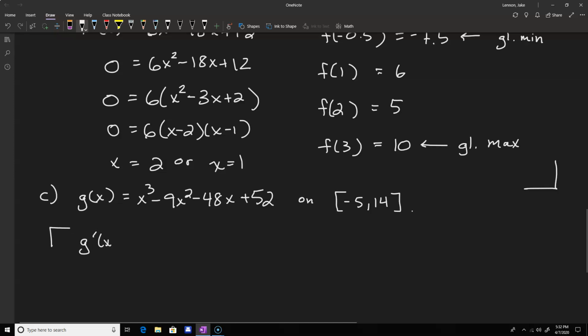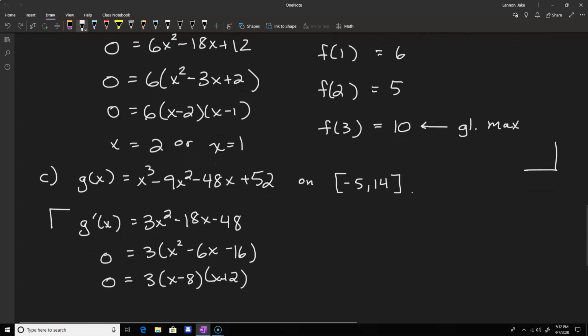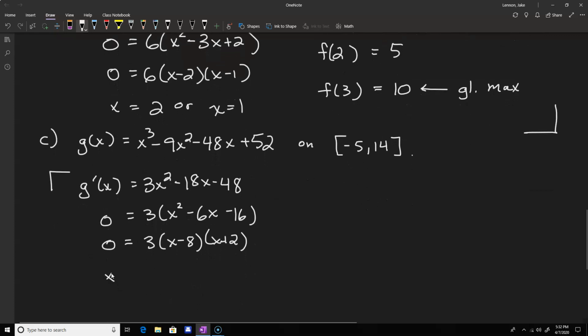So g prime of x here is just going to be 3x squared minus 18x minus 48. We can factor out a 3 and get x squared minus 6x minus 16. And then the remaining polynomial can be factored into x minus 8 times x plus 2. So the critical values that we generate are x equals 8 or x equals minus 2.